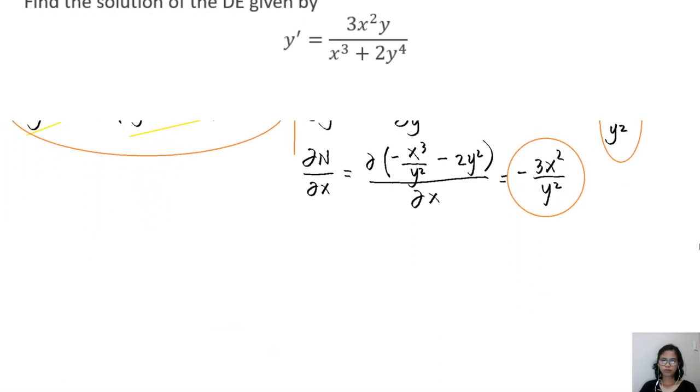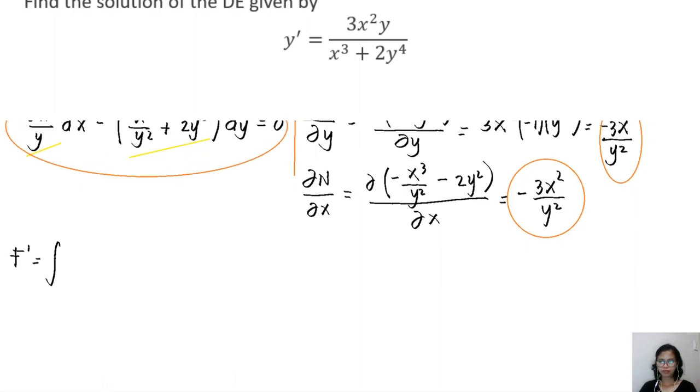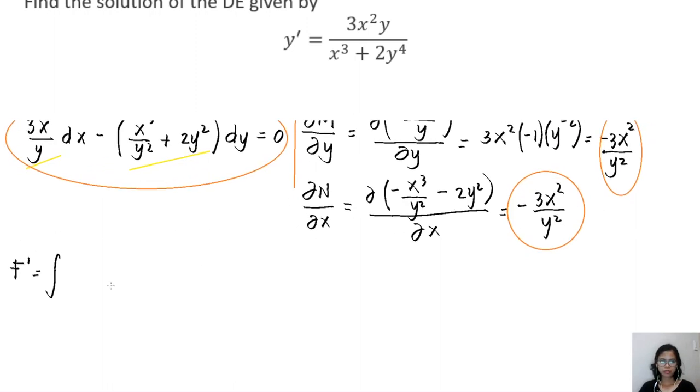And how to solve for the solution? We will solve for f prime and f prime prime. F prime would be equal to the integral of m. M is 3x squared over y, with integration dx, so this is with respect to x.